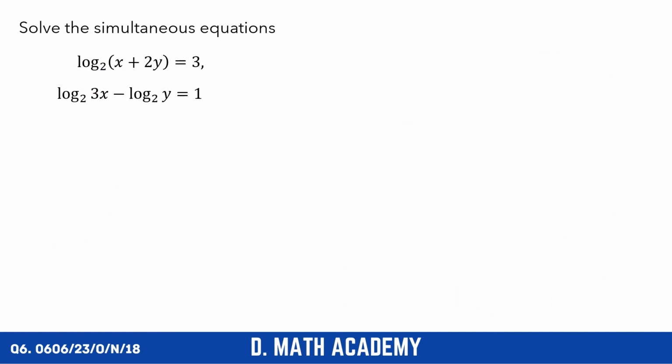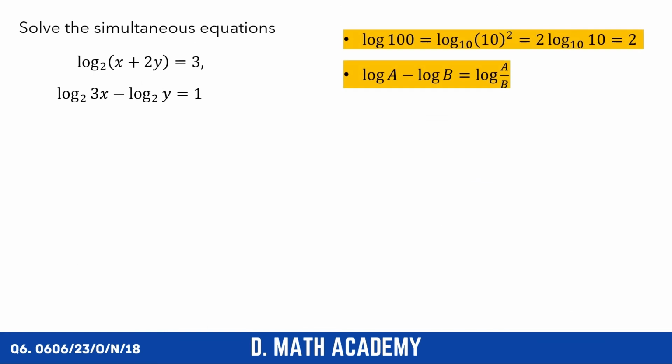So a couple of adjustments that's required is to change the whole numbers into logarithm. The minus becomes division. So through identifying that, I list down the rules at the side. You don't have to list down the rules in your exam, it's just for your reference over here.